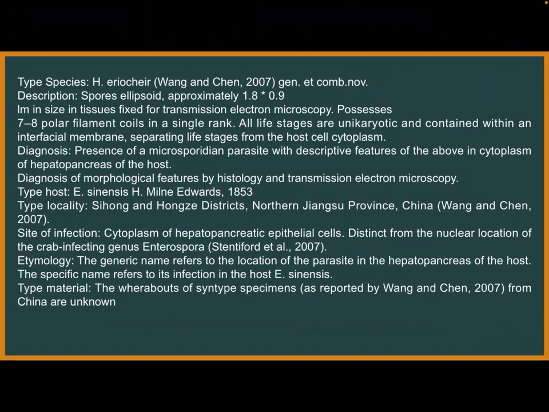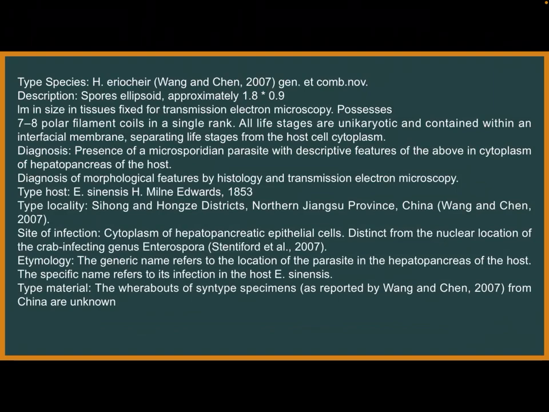All life stages are eukaryotic and contained within an interfacial membrane separating life stages from the host cell cytoplasm. Presence of a microsporidian parasite with descriptive features of the above in the cytoplasm of the hepatopancreas of the host. Diagnosis of morphological features by histology and transmission electron microscopy.